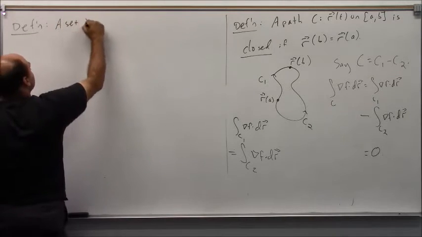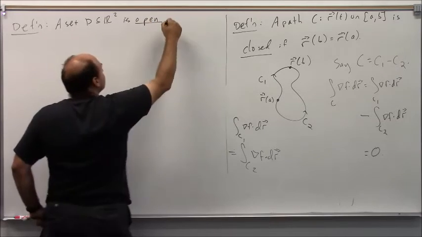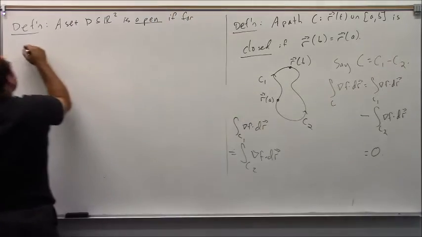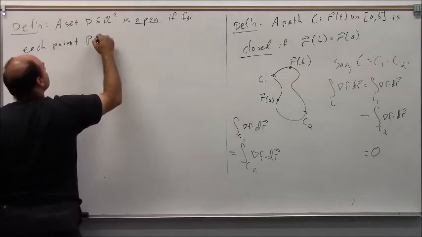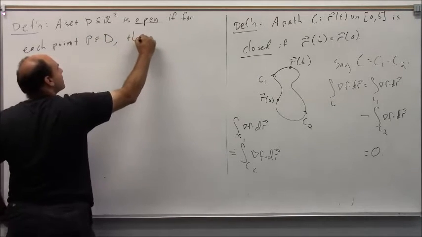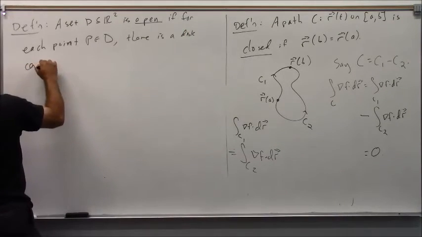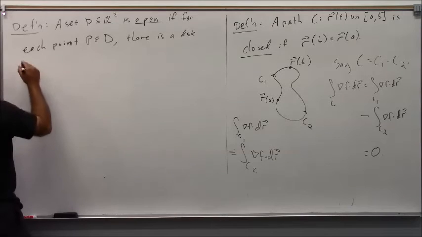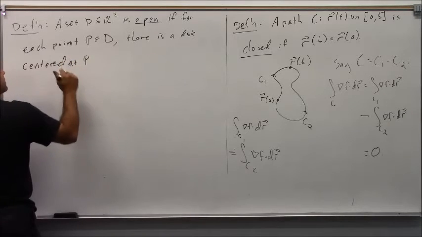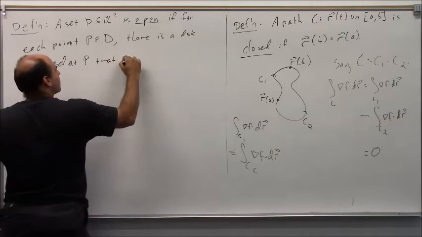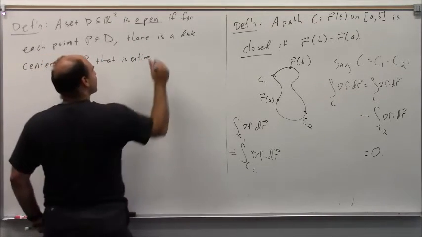So a set D contained in R2 is called open if for each point P in D there is a disk centered at P that is entirely contained in the set D.